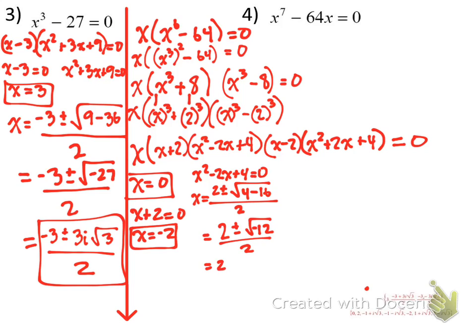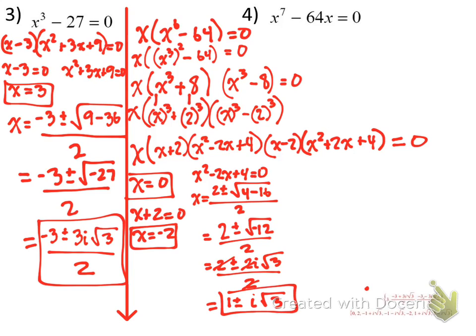So we got 2 plus or minus, 12 is 4 times 3, 4 is a perfect square, we have a negative sign in there, so it's going to be 2i root 3 all over 2. Can we simplify all these 2's? Yep. These all become 2 divided by 2, which is just 1. So the denominator goes away, it's going to be 1 plus or minus i root 3.